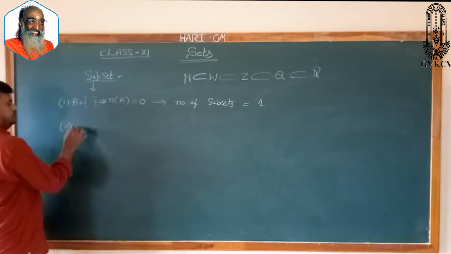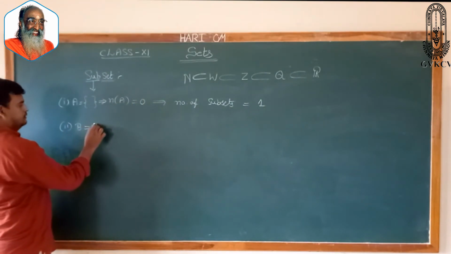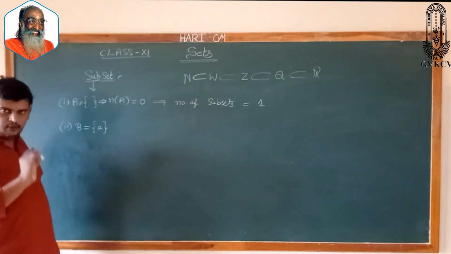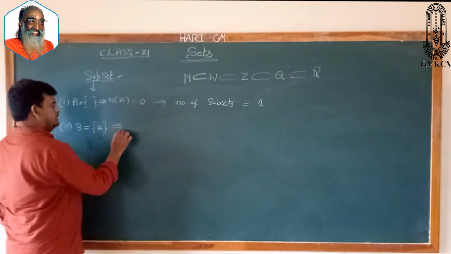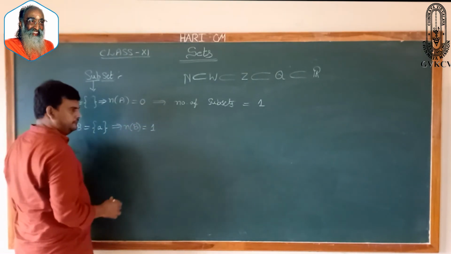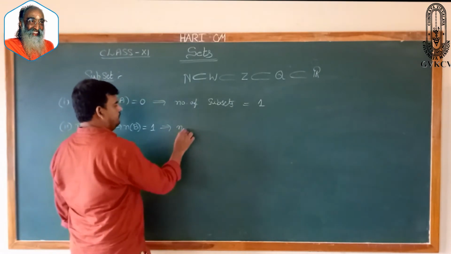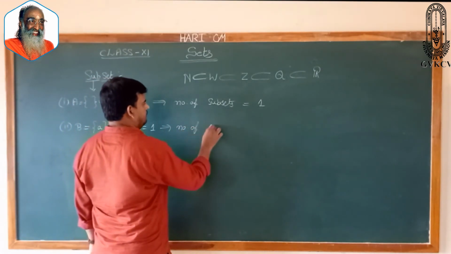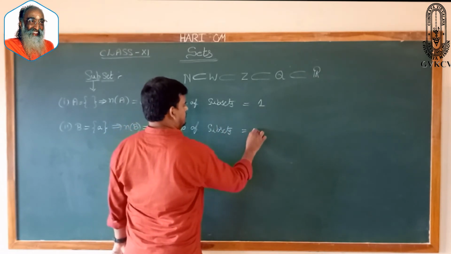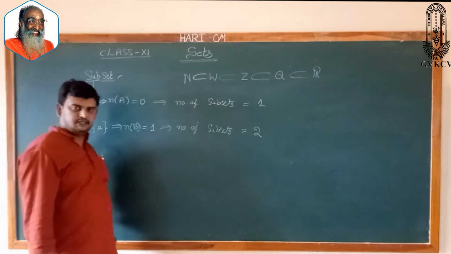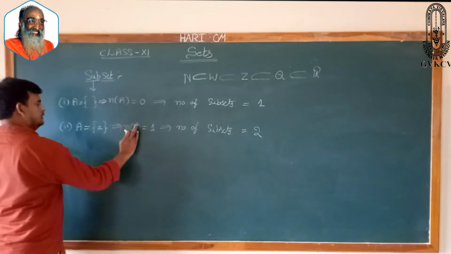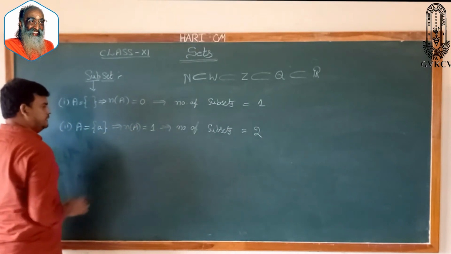Now the second case: set B has one element, let us say A, so the number of elements in B is equal to 1. The number of subsets is equal to 2.